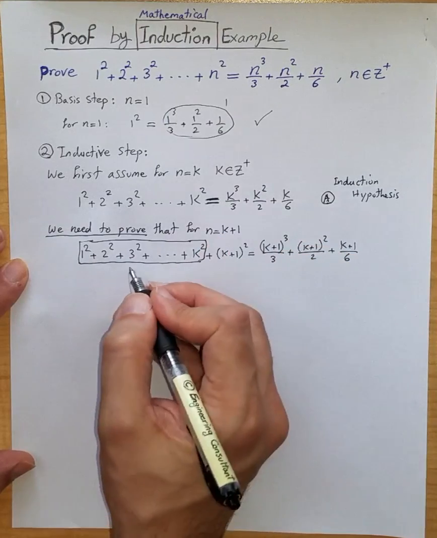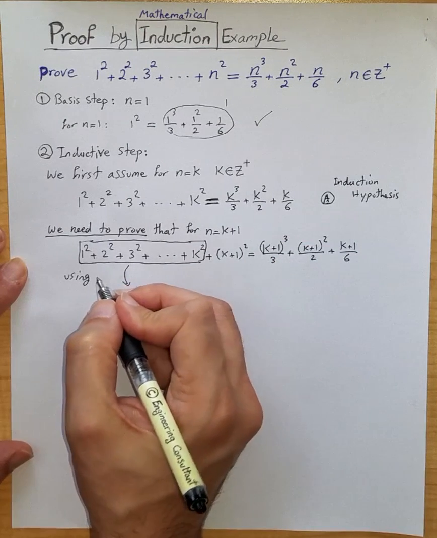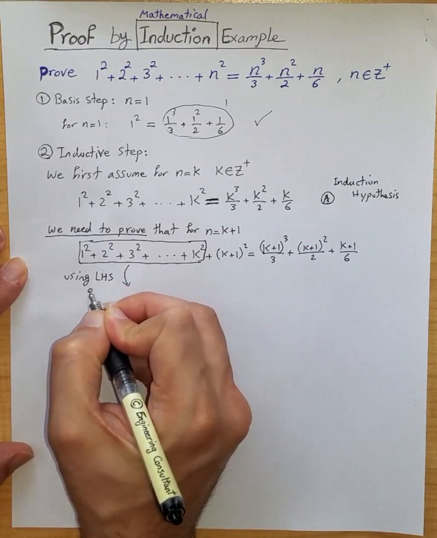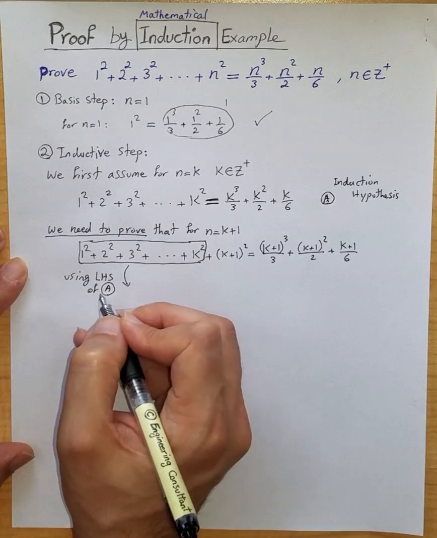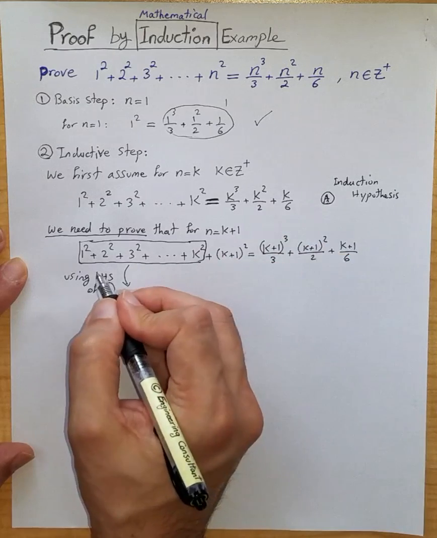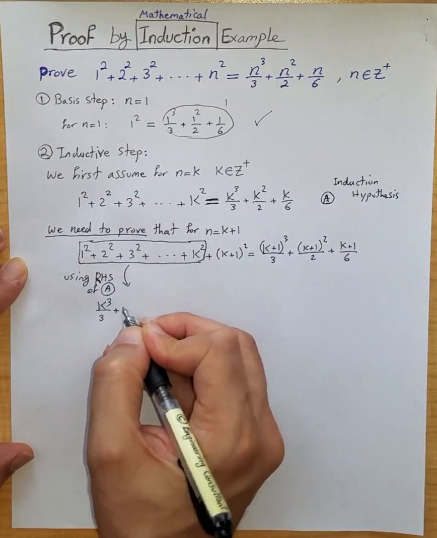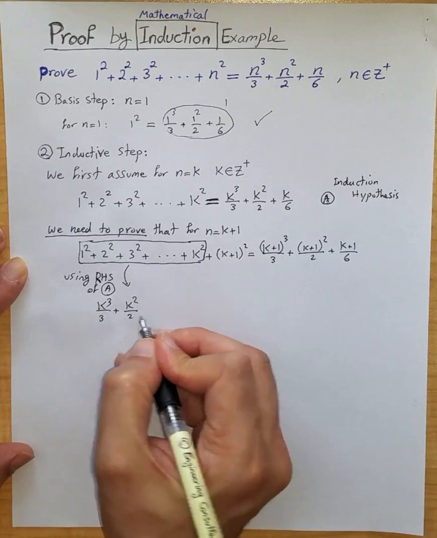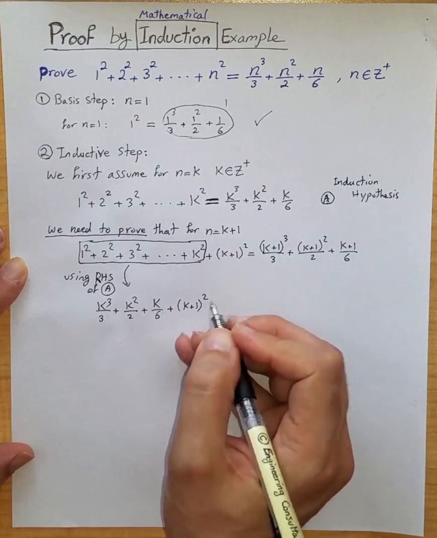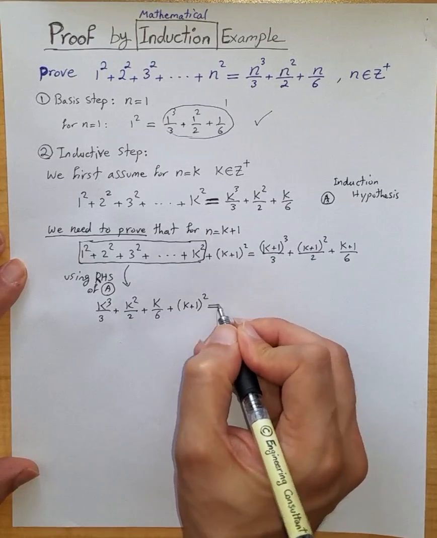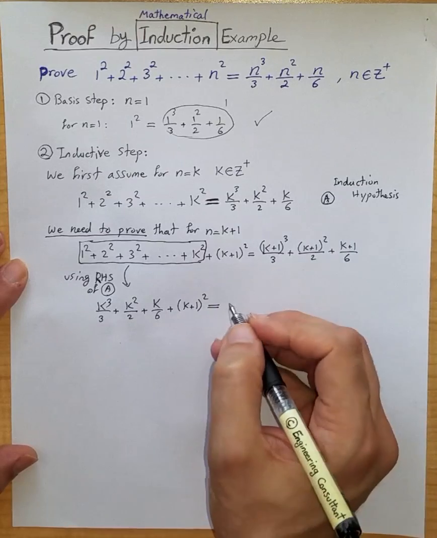So using the right hand side of A, we have k cubed over 3 plus k squared over 2 plus k over 6 plus k plus 1 squared is equal to, alright, let's check if the right hand side of this whole thing is equal to the left hand side.